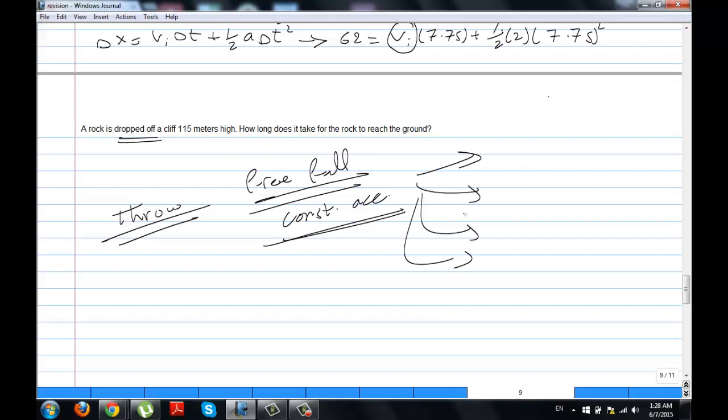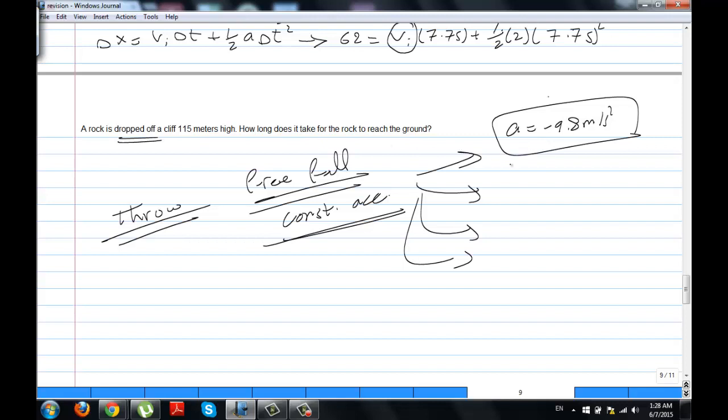with a very small difference, because in free fall there are some values that you already know, such as acceleration, which is negative 9.8 meters per second squared. This is a given even if it's not mentioned in the problem. So you already know that free fall motion follows a constant acceleration.